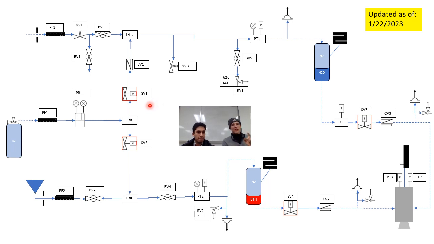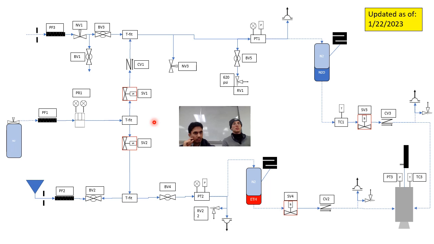The big thing about SV1, SV2, SV3, SV4 is that they are solenoid valves, which are expensive, so we don't want to have a lot of them. They're expensive because they give us a really nice capability of remotely actuating things. So we can open these valves to start the test, which is something that we want to be far away from when we're starting the test. And if they lose power, they're designed to be completely closed.